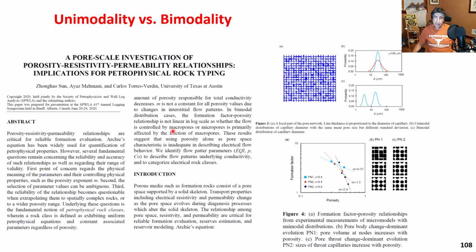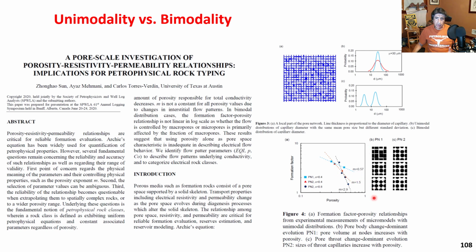So here we designed networks, if you will, with unimodality or bimodality. And the idea is that if it's unimodal, one can control the aperture of this distribution, the standard deviation of a log normal curve, and we can design the corresponding network. Then, with the network designed based on this unimodality or bimodality, we can apply numerical simulations to predict, for instance, what happens with the M exponent in Archie's equation.